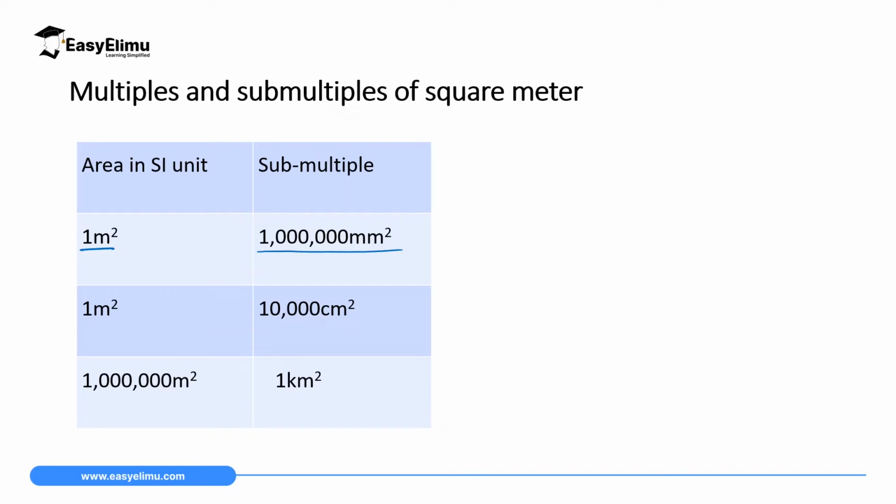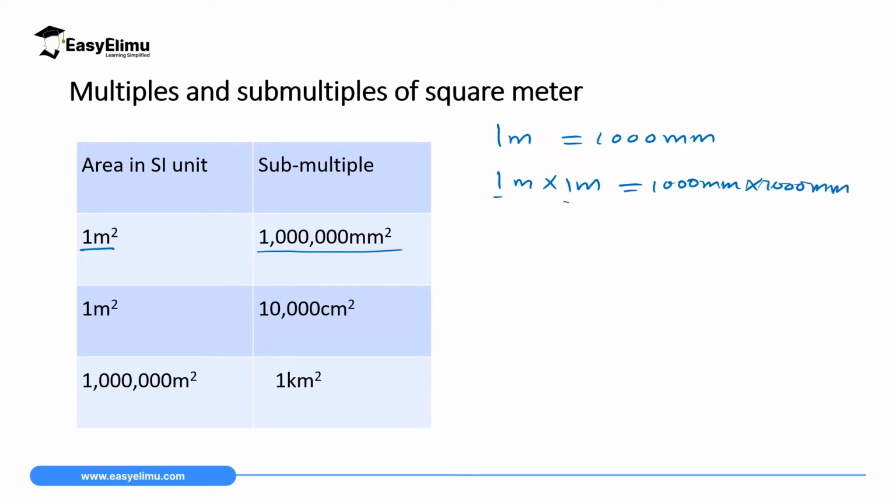How can we prove that? Remember, we said in the conversion of units of length, 1 meter is equal to 1000 millimeters. Now, if we have 1 square meter, it means it's 1 meter times 1 meter, which is the same as 1000 millimeters times 1000 millimeters.